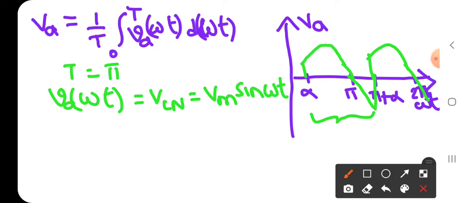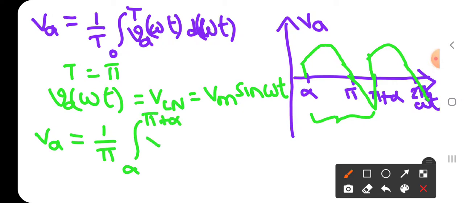So I can write Va as 1 by pi integral alpha to pi plus alpha Vm sin omega t d of omega t. Now what is the integration of sin omega t? Integration of sin omega t is minus cos omega t.